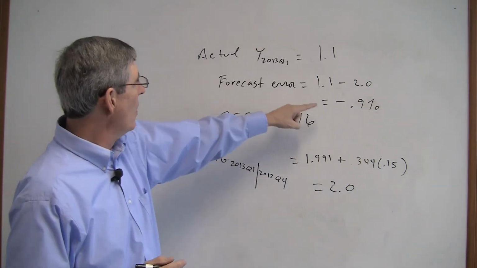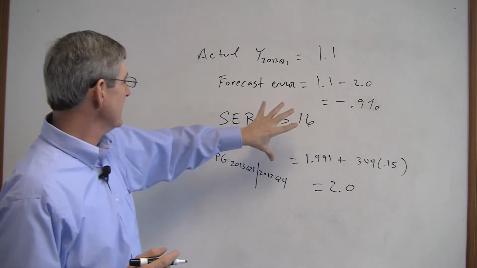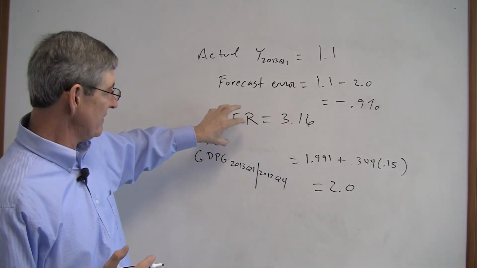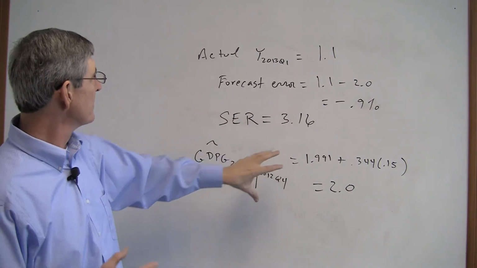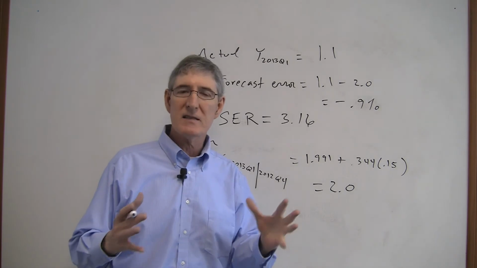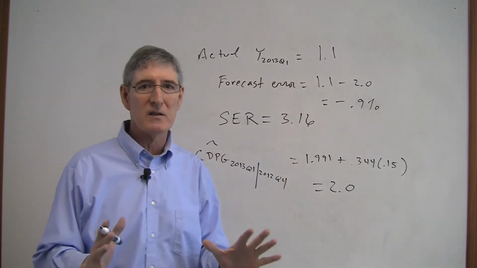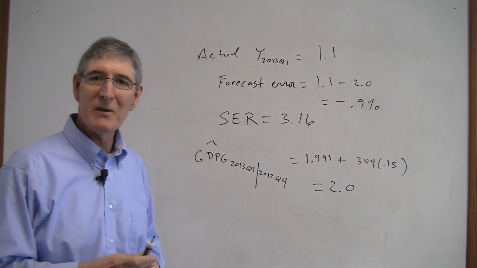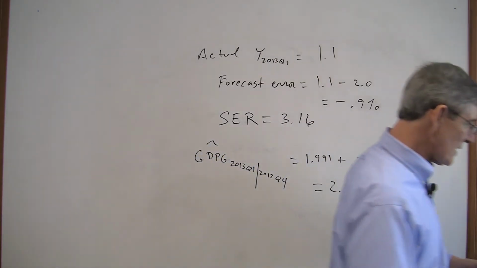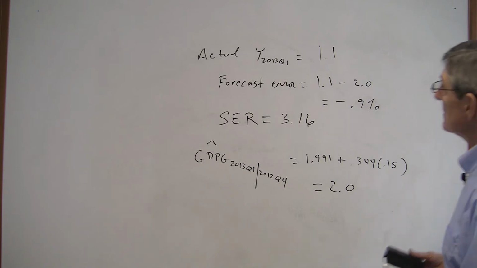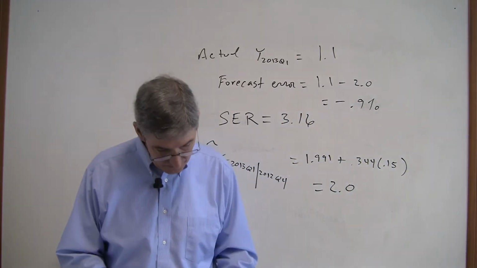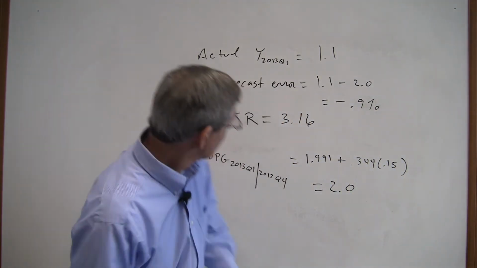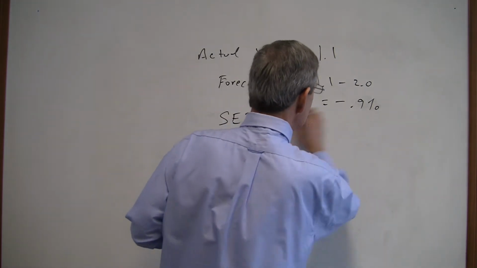And so on average, these forecasts are not going to be very good from this model. Now, this is just a very simple model for illustration. There may be lots and lots of things we could do to improve those forecasts quite a bit. We'll talk about some of those later.